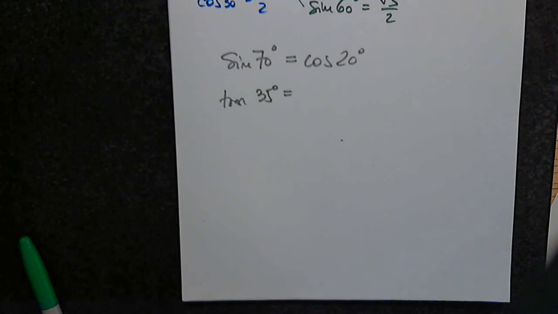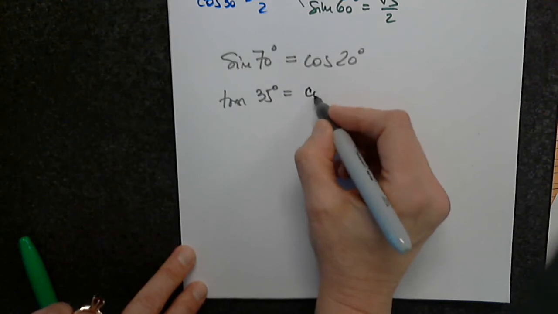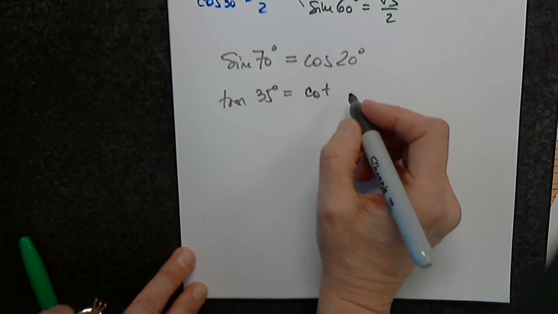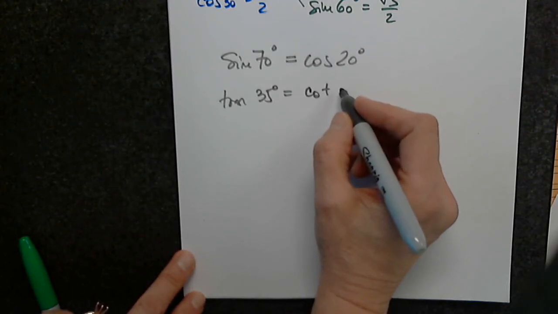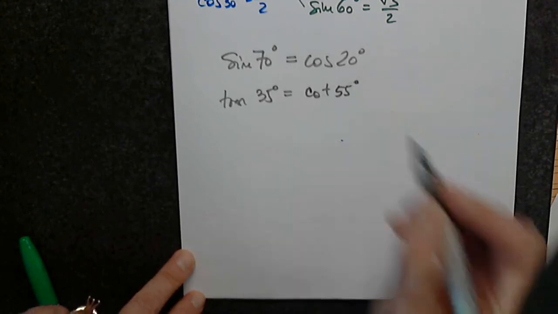It happens for all pairs, meaning sine and cosine are cofunctions. Tangent and cotangent are cofunctions. Secant and cosecant are cofunctions. So tangent 35 must equal cotangent 55.